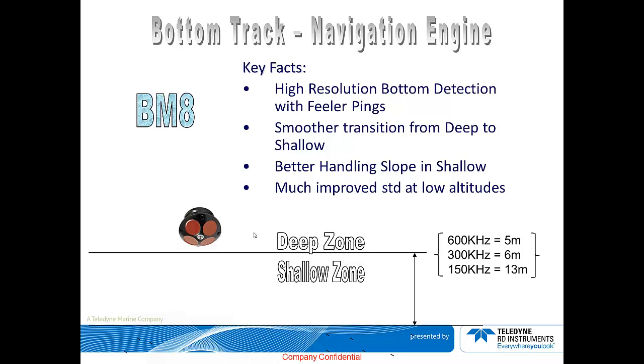This reduces the risk or effect of interference between the beams' transmitted pulses, thus allowing for a much quieter measurement and improved standard deviation at low altitudes. In other words, this mode is smart enough to switch processing strategy from deep to the switching altitude and then to the shallow zone, which leads to smoother transitions when changing from one altitude to another, and also leads to better handling of sloping environments.